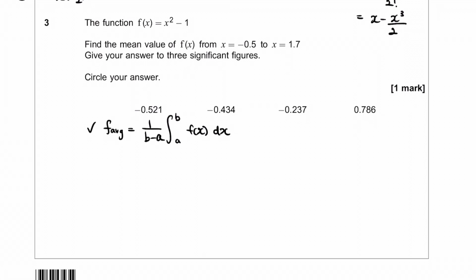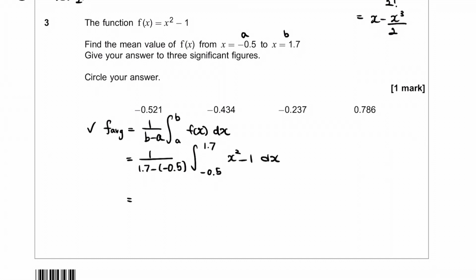For our case, the limits, which are a and b, are negative 0.5 and 1.7. So if you substitute these values, it will give you 1 over 1.7 minus negative 0.5, the integral ranging from negative 0.5 to 1.7, and our function is x squared minus 1.